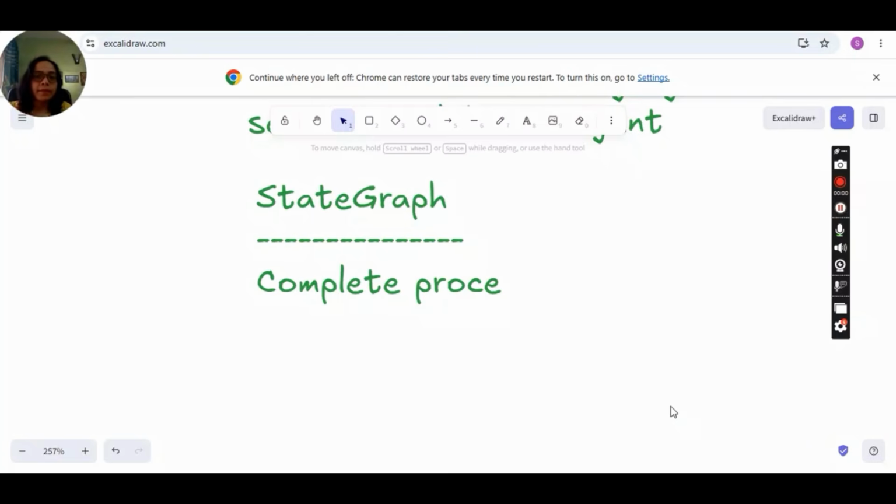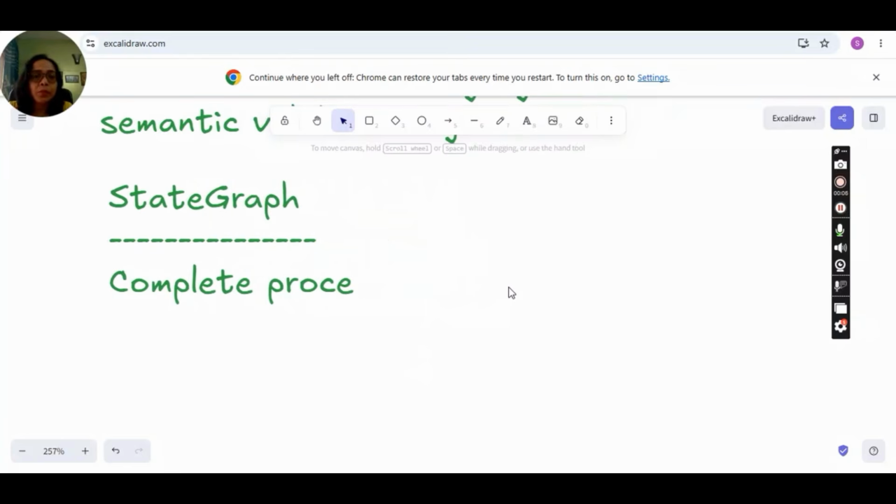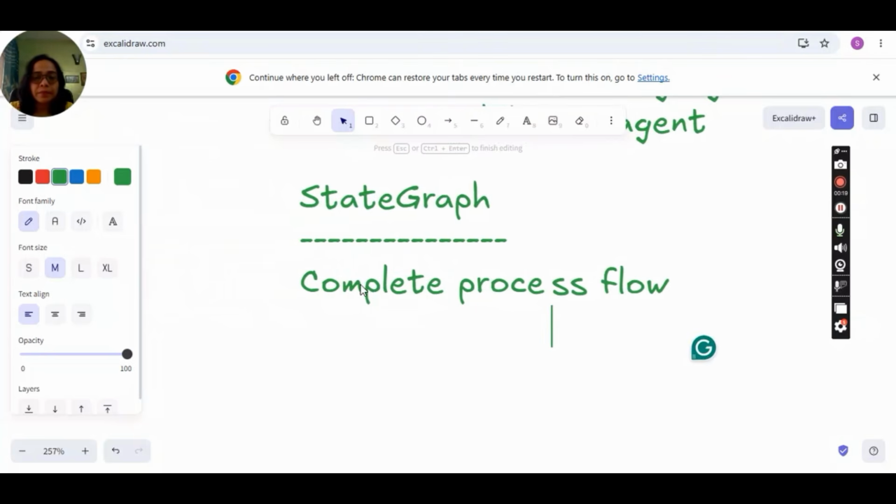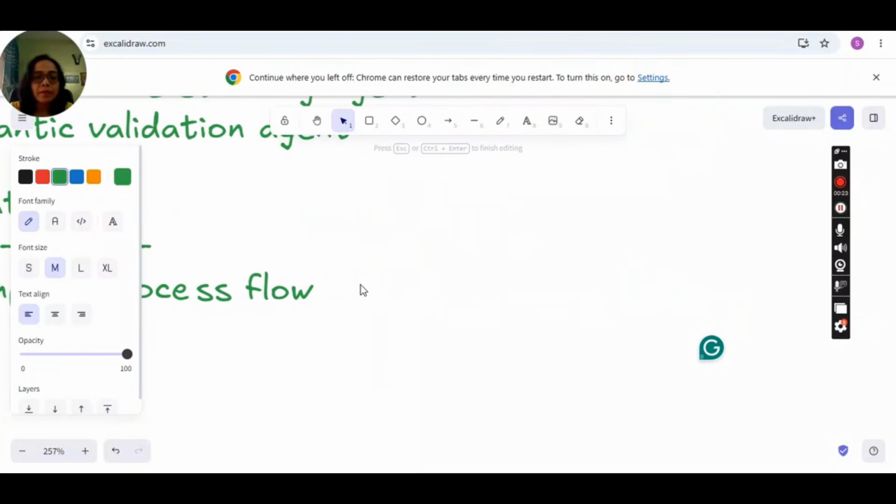So the complete process looks like this. Here we are trying to understand the complete process flow. First are the data sources.